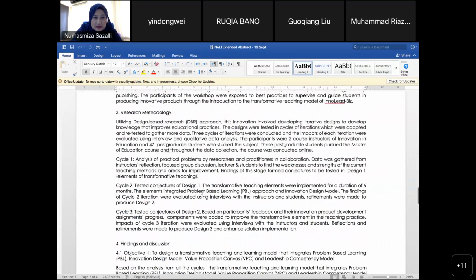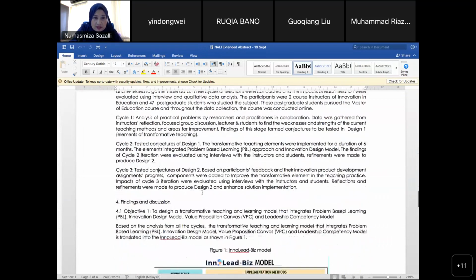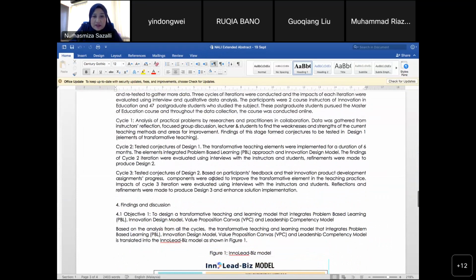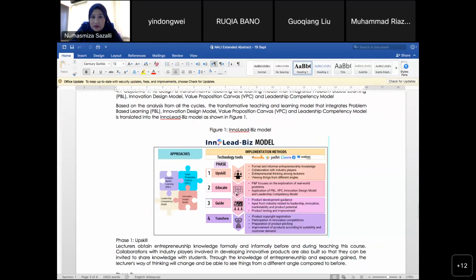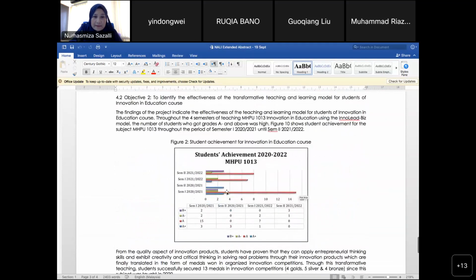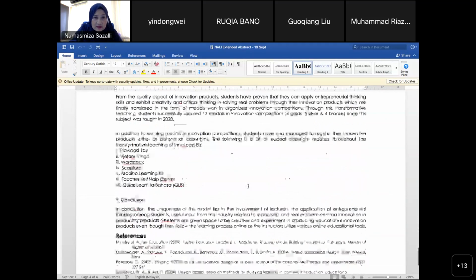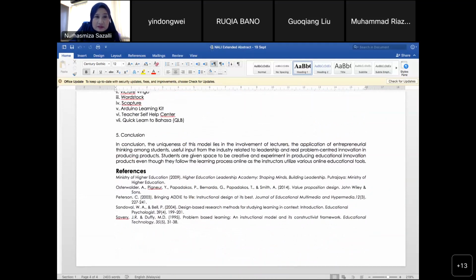The literature review a bit, and then methodology, and then findings and discussion. And if you have a model or any figures, you just put them here. Then any effectiveness of your study, the results, and then the references. Before that is the conclusion.